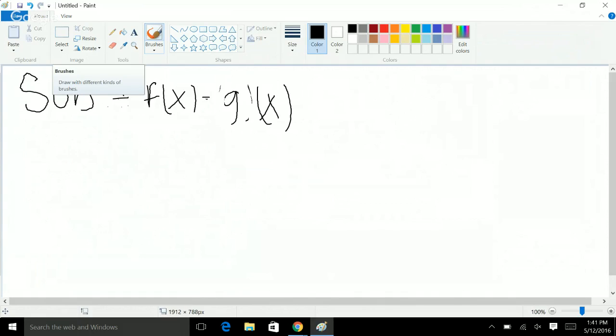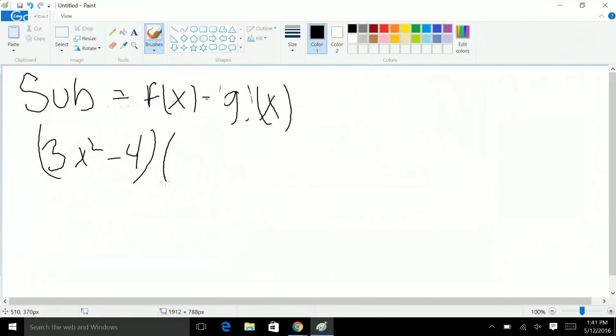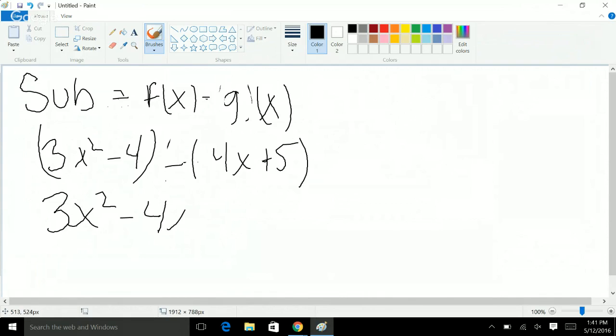And that would look like 3x squared minus 4 minus 4x plus 5, and that would be 3x squared, because that doesn't have anything to subtract from, minus 4x, because that also doesn't have anything to subtract from, and then this negative converts the positive 5 into a negative, so it'd be negative 4 minus 5, that would be negative 9, and this would be your answer for subtracting.